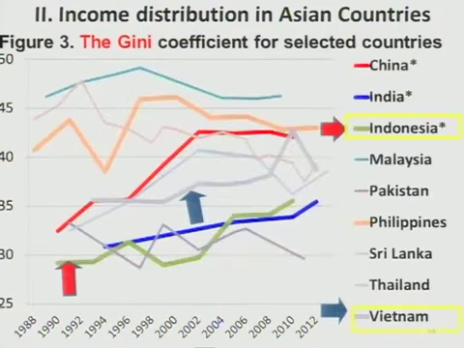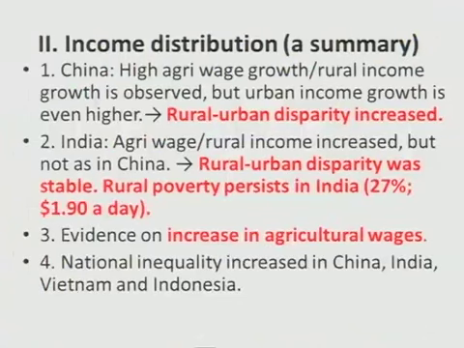If you look at the Gini coefficient, apart from India and China, there are a few countries like Indonesia and Vietnam, which have seen an increase in Gini over the years. The thing I didn't mention here is that in India, rural poverty is still a problem. 27% is still under the $1.9 a day.